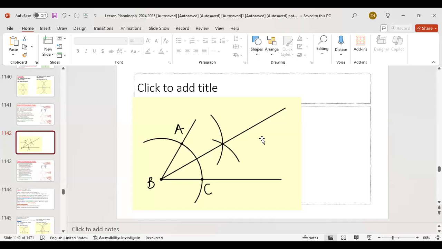Well, bisecting is kind of like the same, because you just put an arc on one side to create the next arc, and then an arc on the other side, and just draw the line between it to link with the vertex.